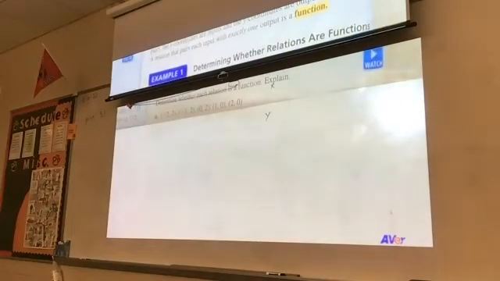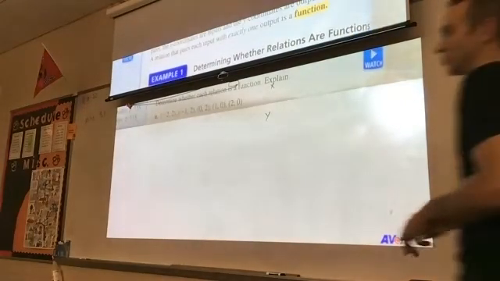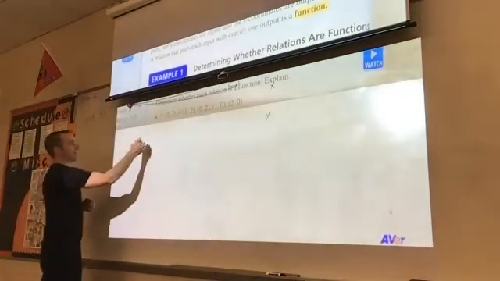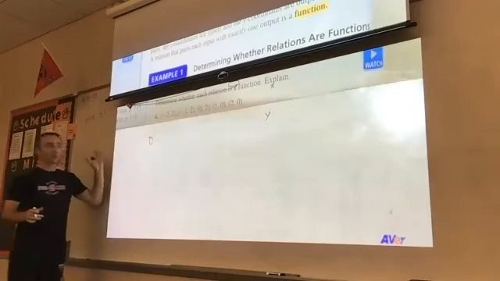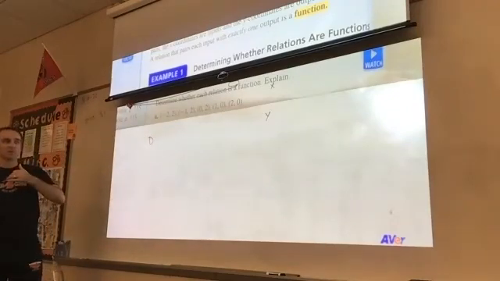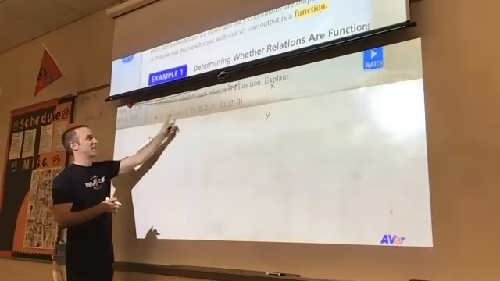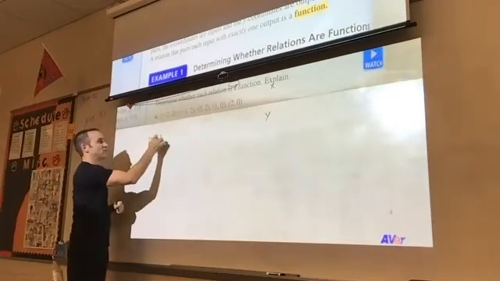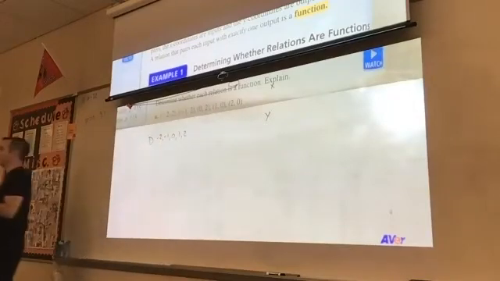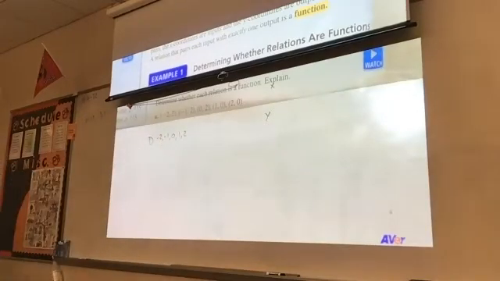Domain is all x values. All we're doing is listing the x values. It's a list of numbers. So our domain, the possible x values that I have, is -2, -1, 0, 1, and 2. Those are the x values in my relation.